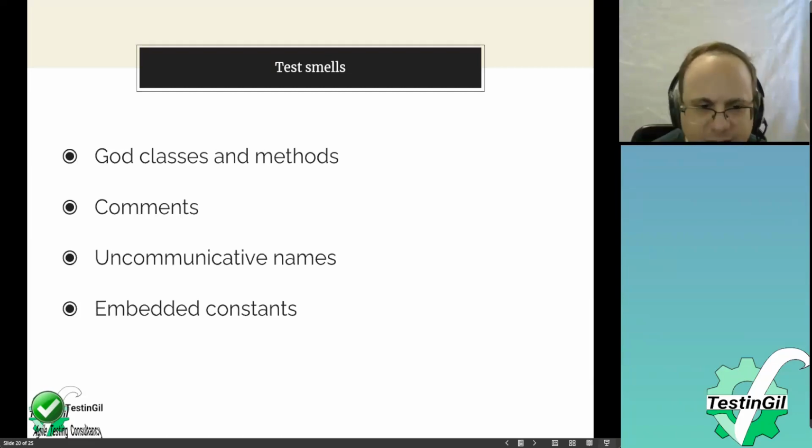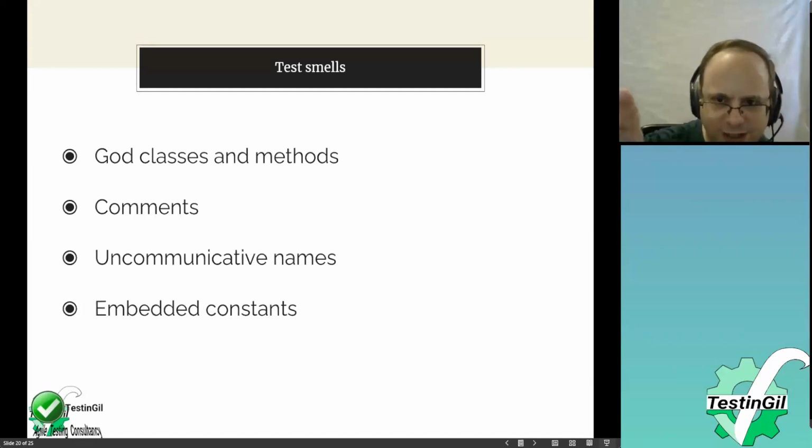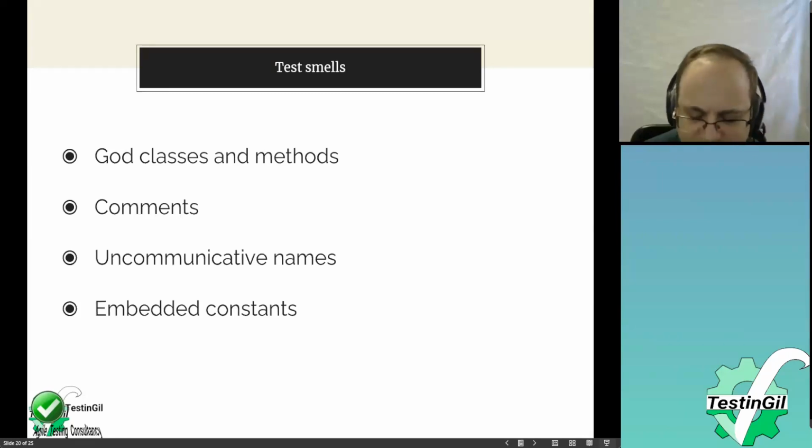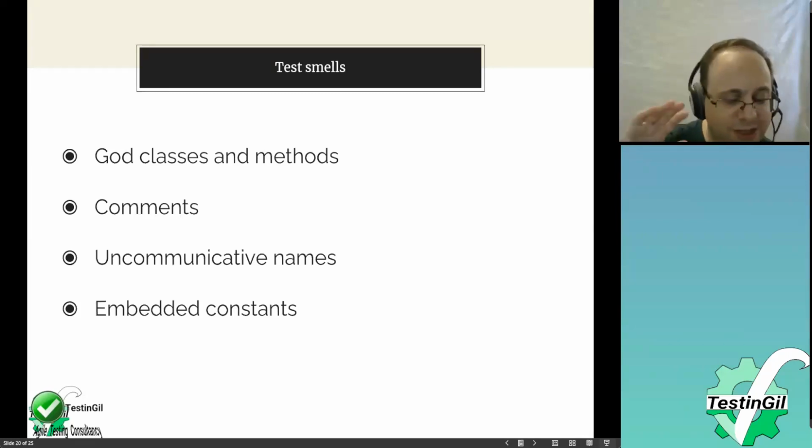The final thing is, it may be called constant literals, depending on which language and which technology you're actually using. But if you see something in your test, and we see that a lot in tests, like user ID is 17. Why 17?